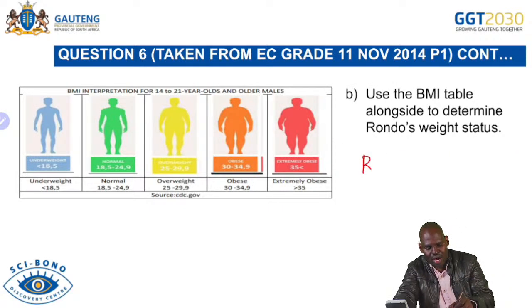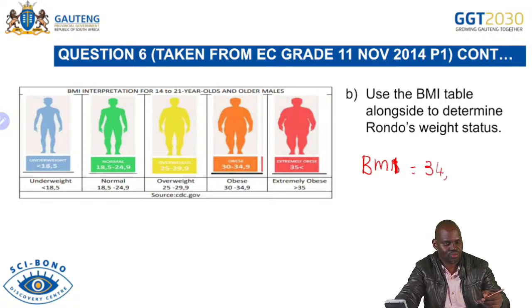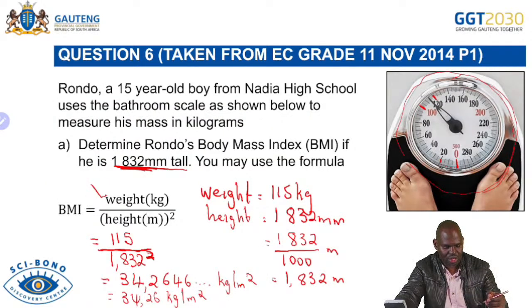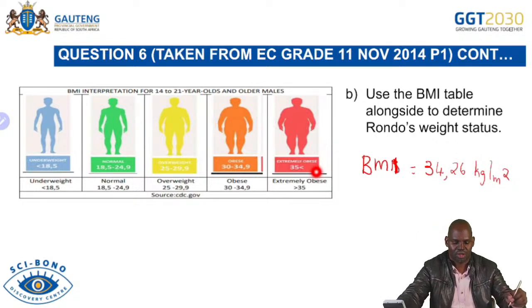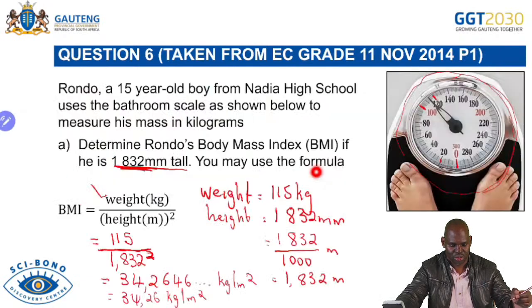So BMI is 34.26 kilogram per square meter.